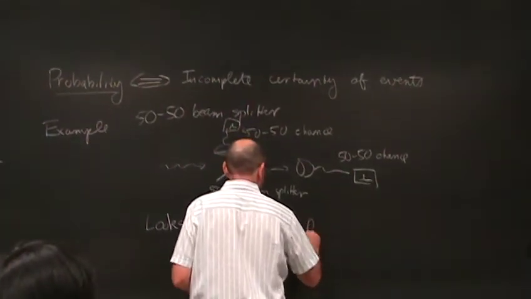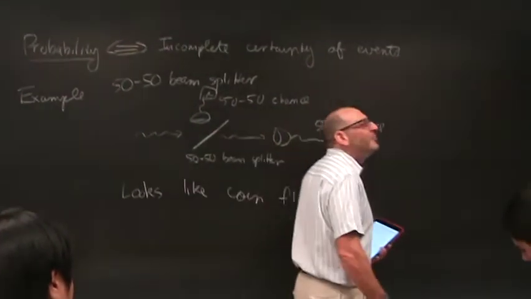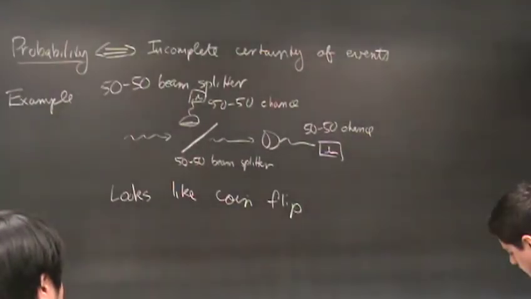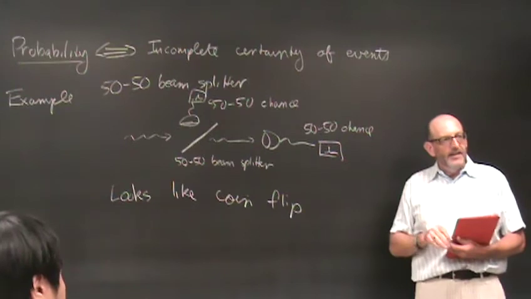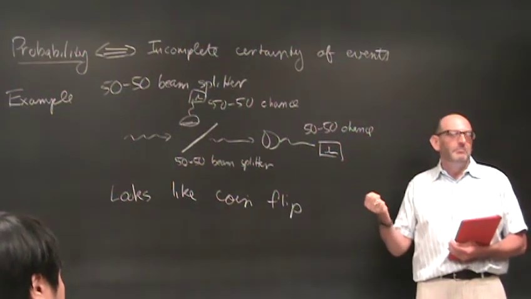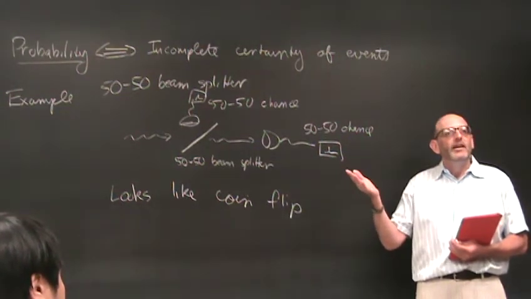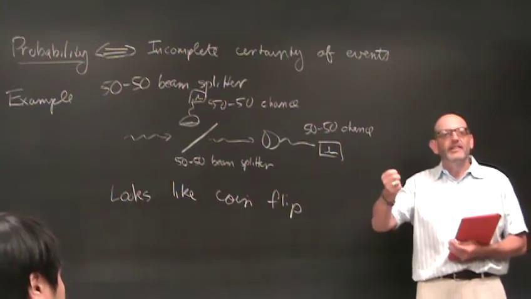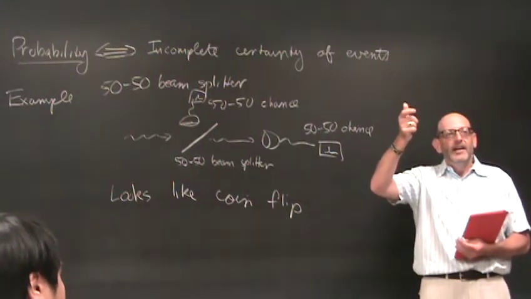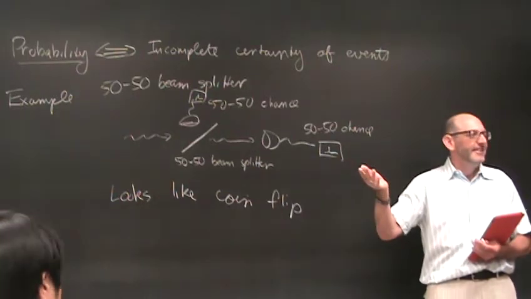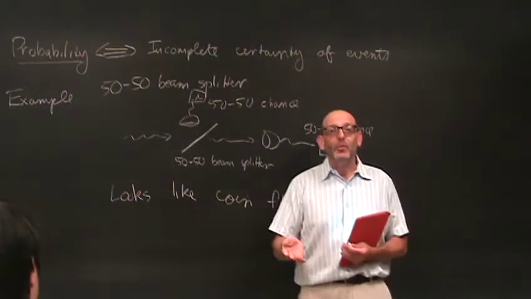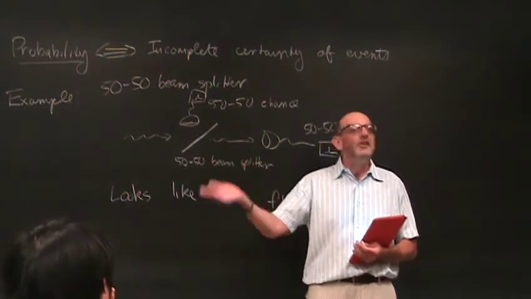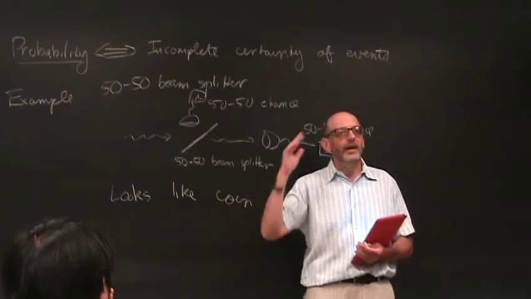However, there's almost nothing about this that's really the same as a coin flip. Why do we say that the coin flip is a fair coin? I mean, this is classical physics. If I flip a coin, I have Newton's laws. F equals ma works pretty darn well for the coin. Why do I not know whether it's going to come up heads or tails?